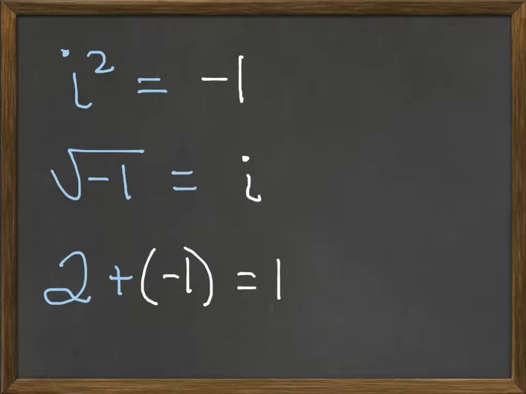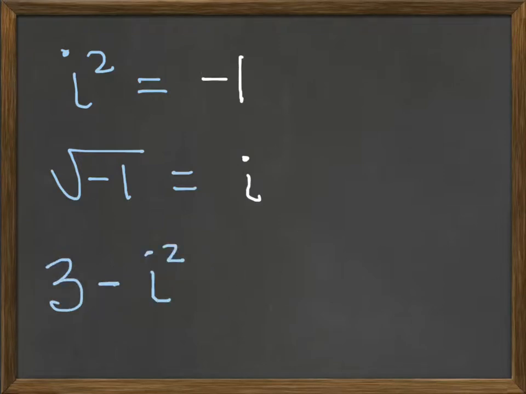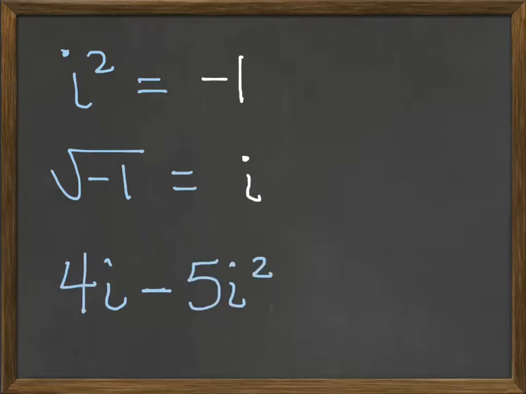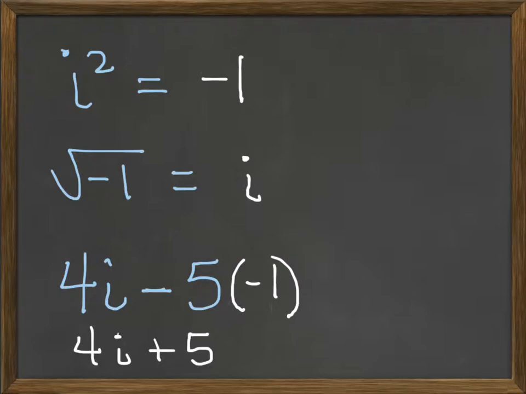Never leave i squared in the sentence. Always change it to -1. And then simplify.